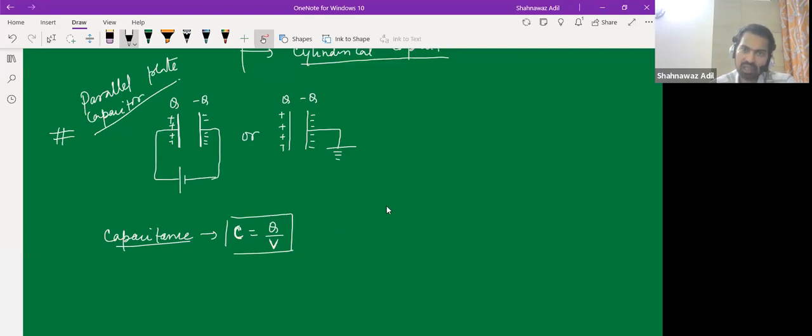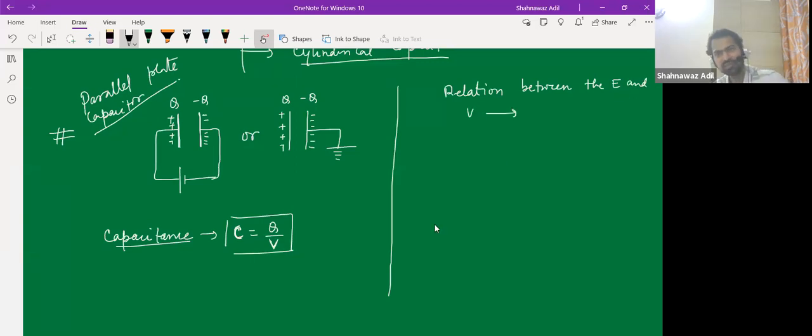But what do we need to know about? We already know the relation between the electric field and potential. So what is the relation? E is minus delta V by delta r.